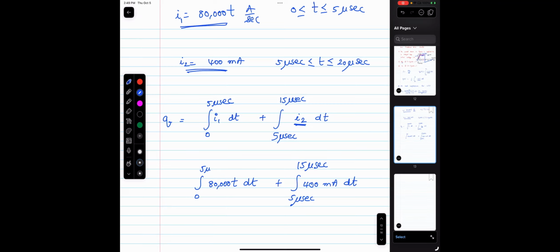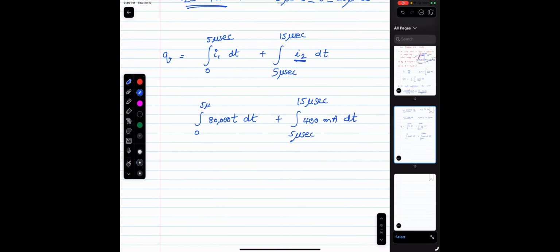The idea is if you plug in these numbers, you should be able to calculate the value of charge Q at 15 microseconds. I have shown you what to do. You just have to plug those numbers in.